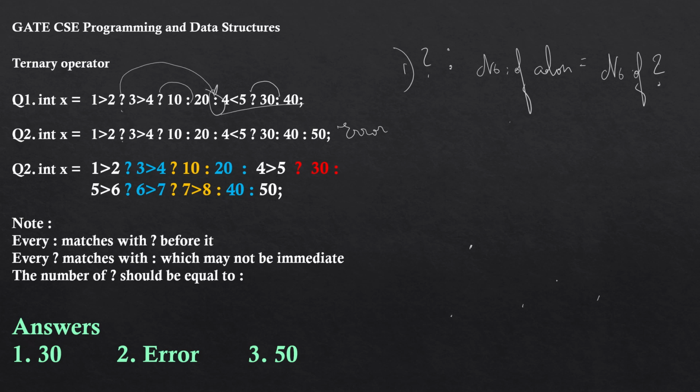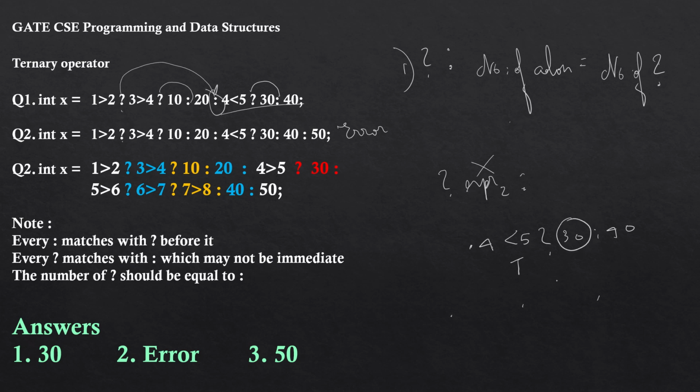So let's look at how to solve it. So 1 greater than 2, which is false. So it doesn't go to expression 2. Now let's look at what is in expression 3. 4, if 4 less than 5, 30, else 40. So this is true.